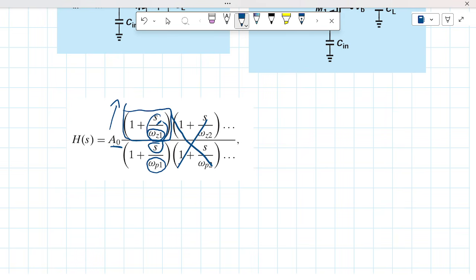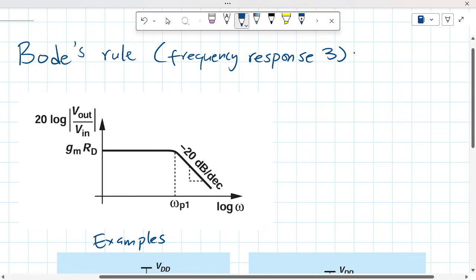And if the frequency reaches a zero frequency, then the gain would increase. So assuming s is equal to omega P1, we are going to have the gain reducing by √2. And if s is equal to omega Z1, we are going to have the gain increase by a factor of √2.